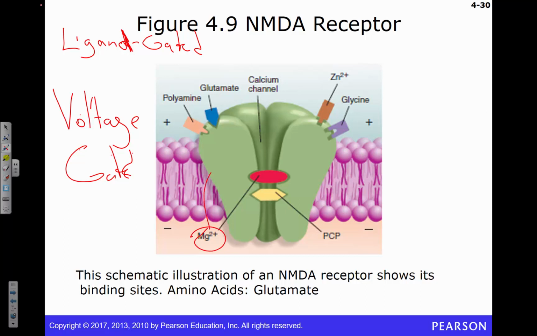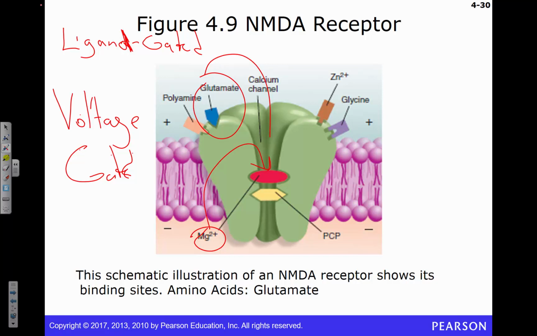Anybody see this great guy magnesium sitting right there in the middle of your NMDA receptor and that ion channel? You have to dislodge that magnesium at some point, right? Glutamate, for example, is going to bind and open that channel, but if magnesium is sitting there, it's not going to help us any.